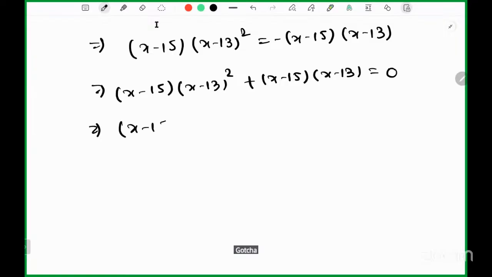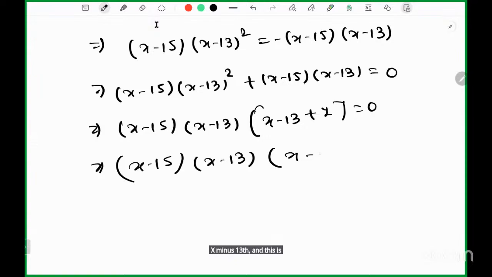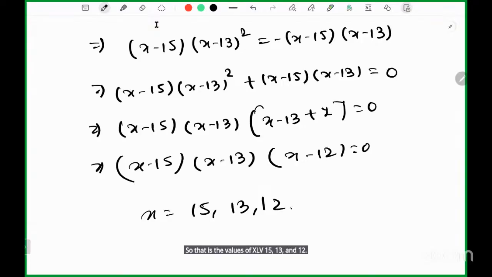So I'll take (x minus 15)(x minus 13) common. Here I'll get one bracket of (x minus 13) and plus 1, which is equal to 0. So that is (x minus 15)(x minus 13)(x minus 12) equals 0. So the values of x will be 15, 13, and 12. So the x coordinates of the three districts will be 15, 13, and 12.